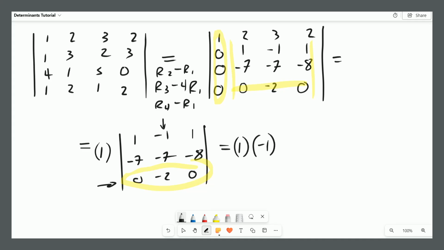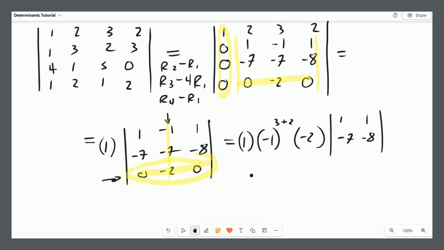Then we have our -1 to the power of 3 plus 2. So that's odd, right? So that's going to stay a -1. Then we have that -2 there, and then we have the determinant of the matrix we get when we cancel out the row and column of that -2, right? So we have the determinant of 1, 1, -7, -8.